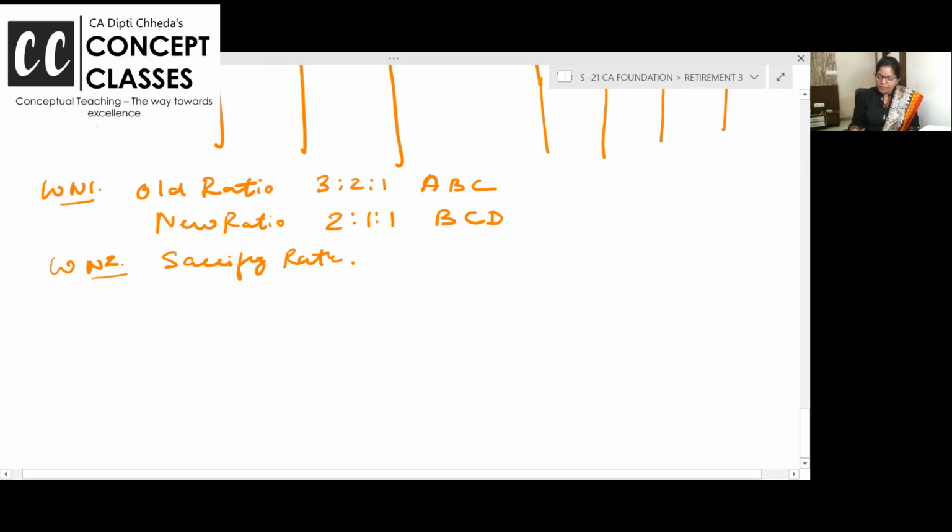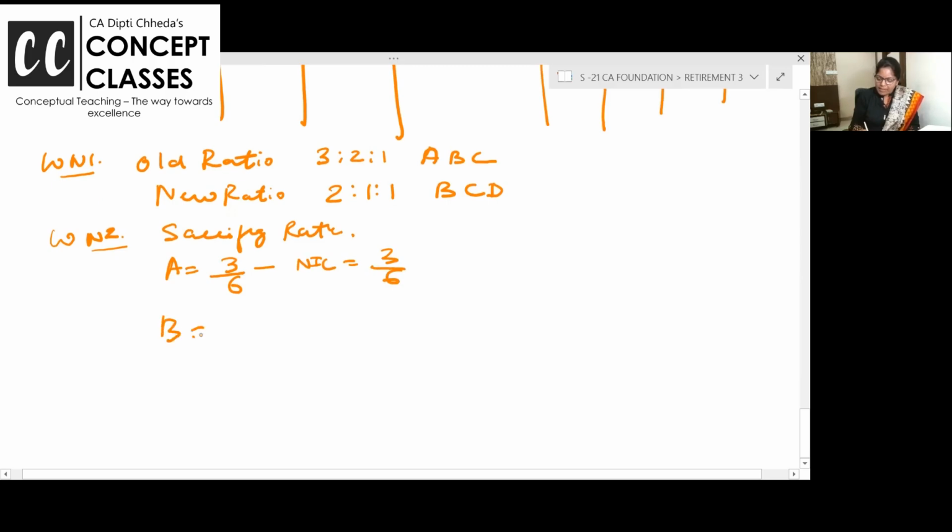A. What is old ratio? 3/6. What is new ratio? Nil. So A is sacrificing 3/6. B, old ratio 2/6. New ratio is 1/6. Okay, new ratio is also 2/6.